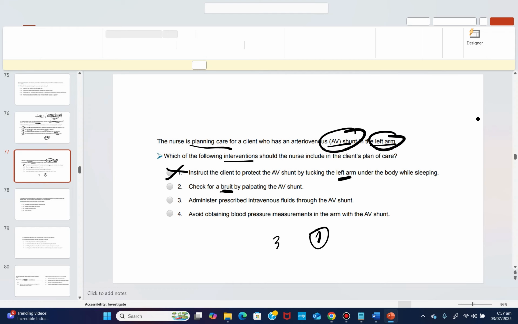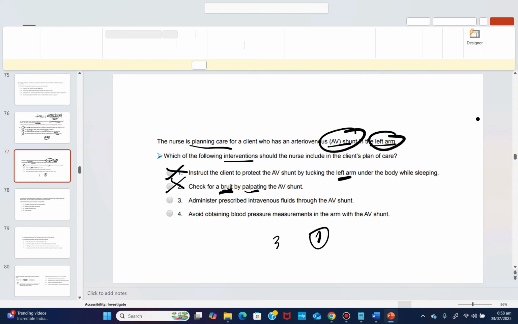We don't palpate to check for bruit. How do we check it? We check it by using our stethoscope. That is how we check for this. To listen to it, we don't palpate, we listen to it.